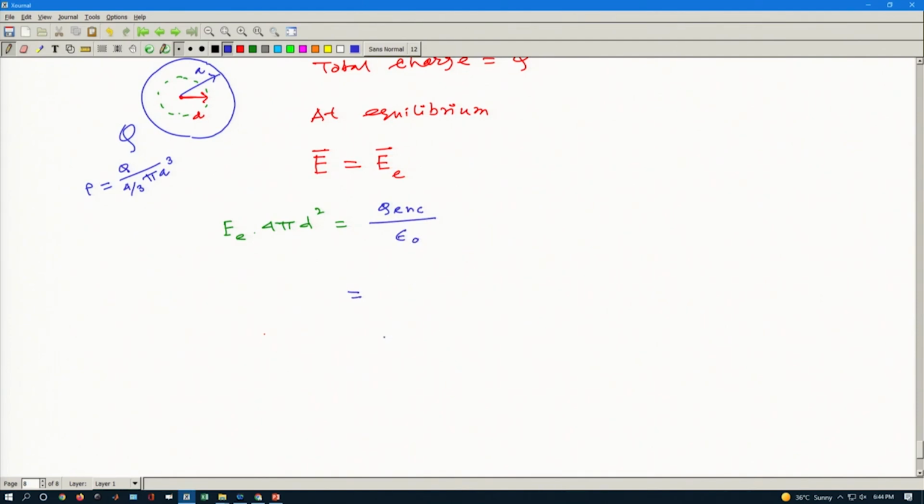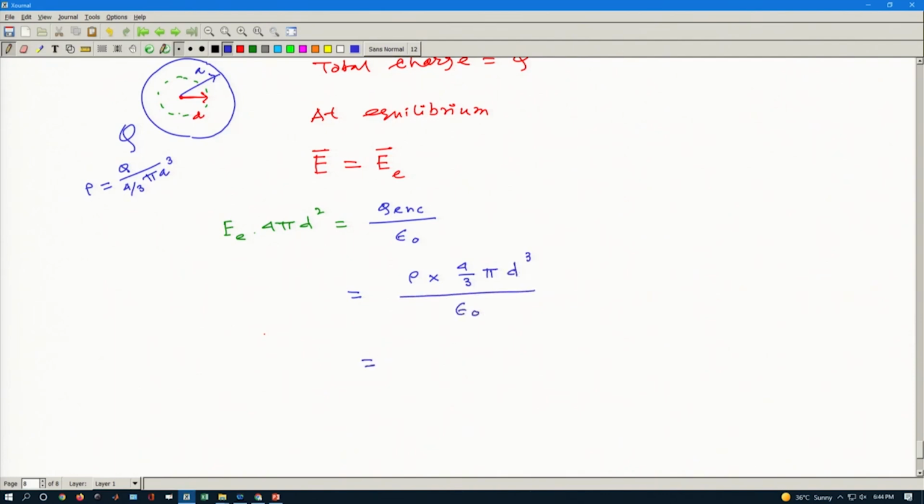It is the density multiplied by this volume, which is simply 4 by 3 pi d cube, divided by epsilon 0.